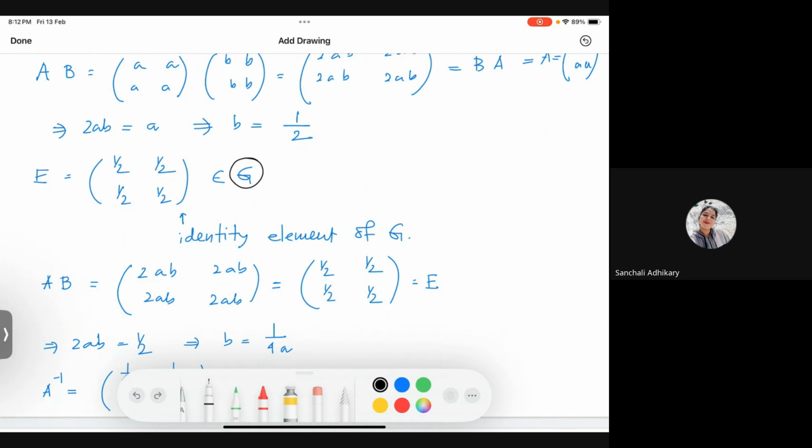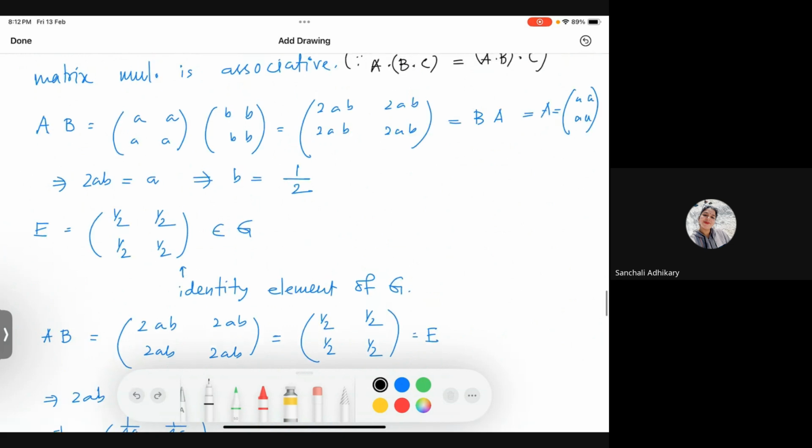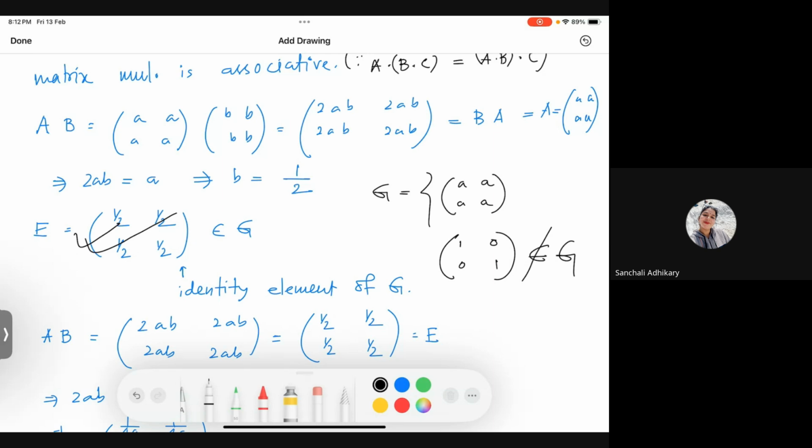So for this set, the identity element is this matrix, not the matrix of all ones, because that element does not belong to G. Why?